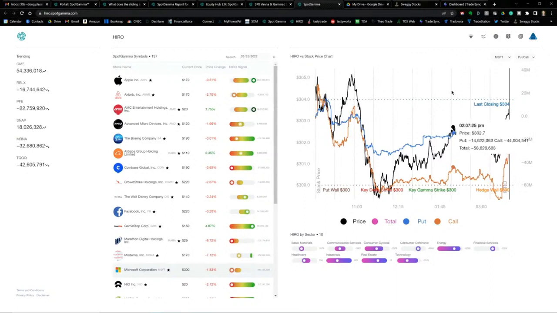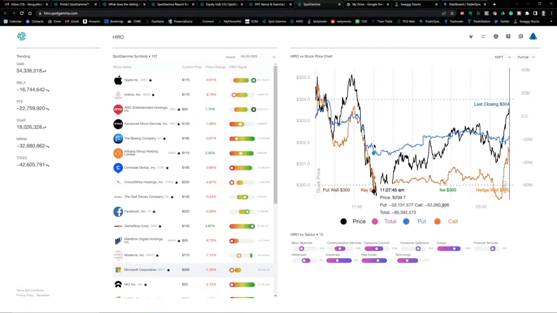You can see that up until about lunchtime, and these lines are in delta terms, the orange line shows calls, which means traders were selling calls, a negative delta or bearish position, and traders were buying puts.